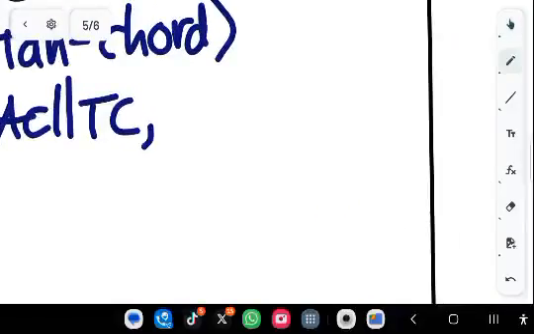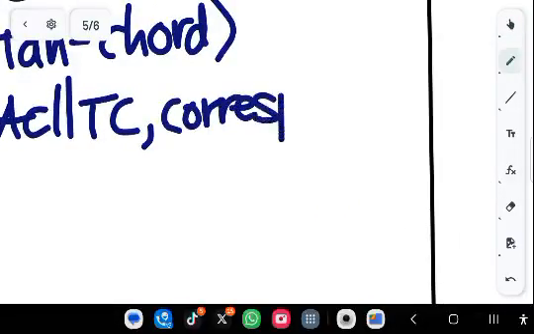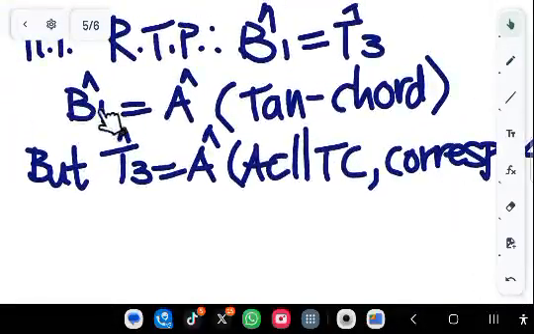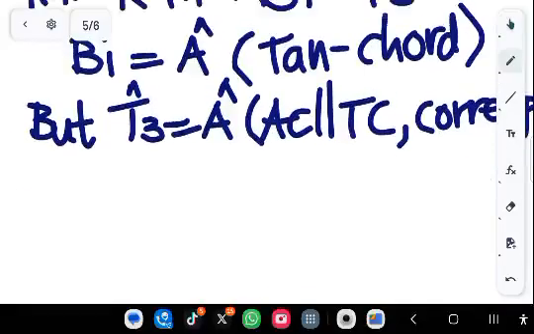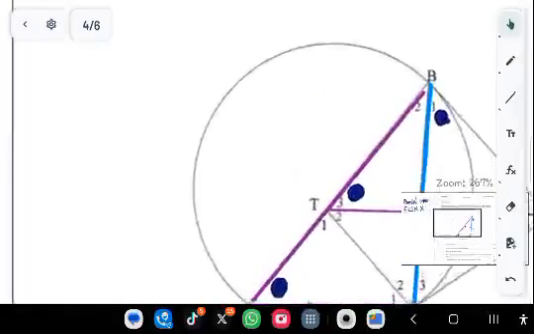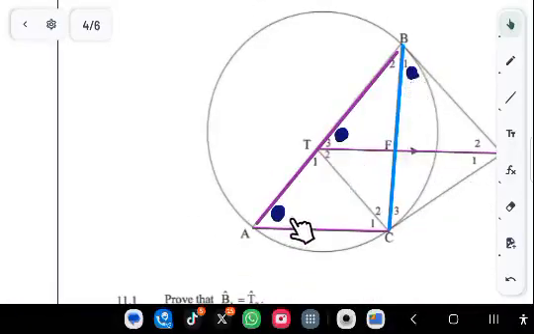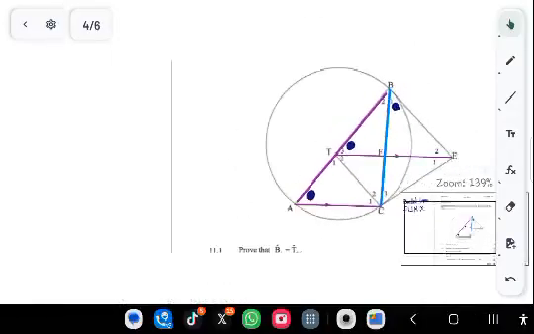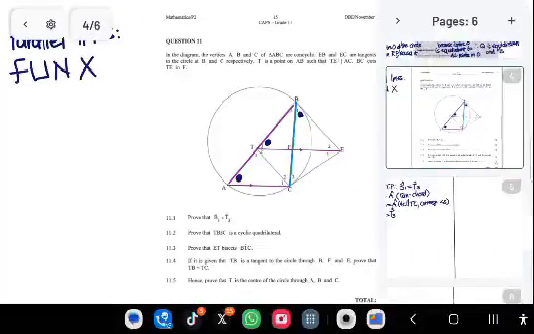The alternate angles are formed by a Z or N. Therefore, because B1 equals A and A also equals T3, therefore B1 is equal to T3. Yes, we've shown that angle B1 equals angle A, but angle A equals angle T3. Therefore, angle T3 equals angle B1, which is what we were trying to prove.